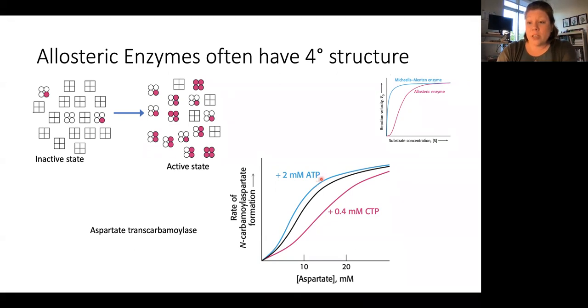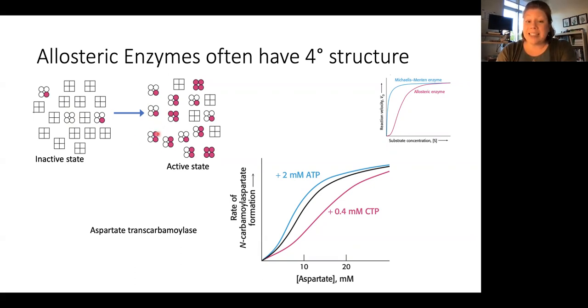Really what this is doing to the allosteric enzyme is stabilizing this active structure of the enzyme. So ATP binding to the allosteric site, not the active site, is going to stabilize this active form of the enzyme.